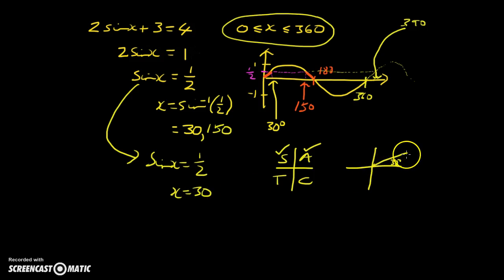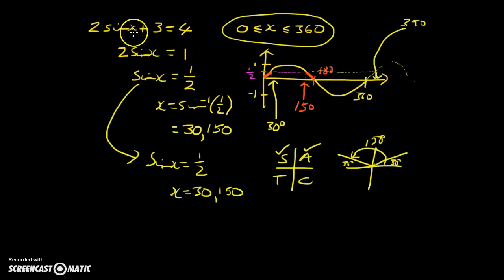So we've got our first solution here, a related acute angle 30. So we go 30 degrees away from the x-axis. Therefore our second solution round here is 150 degrees, or 180 subtract that 30.